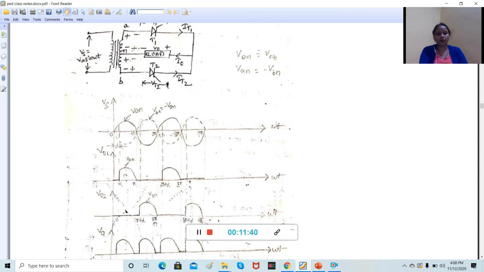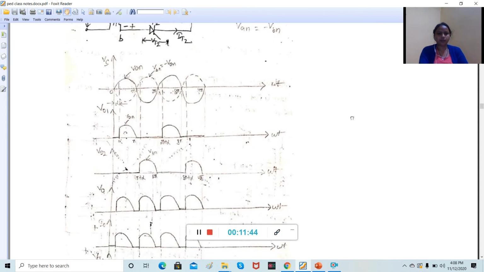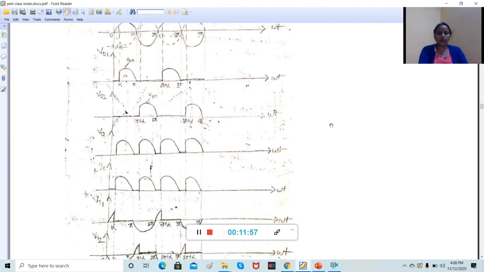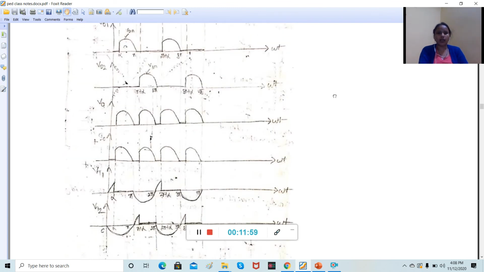This is from pi plus alpha to 2 pi. So if I combine these two output voltages across the load, then I get the V0 waveform. This waveform is the combination of these two waveforms. Clear? And this is the resistive load case. That's why output current I0 is in phase with V0.